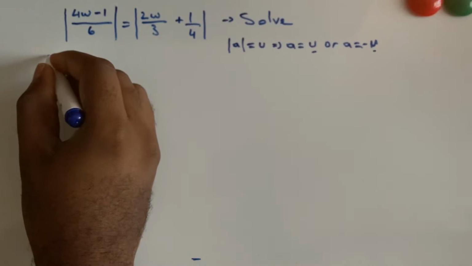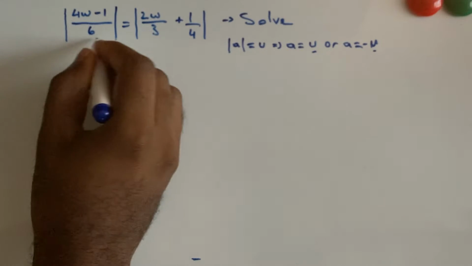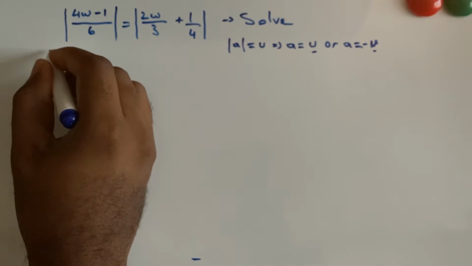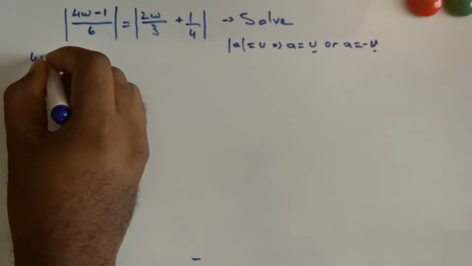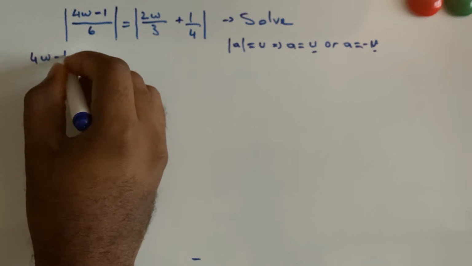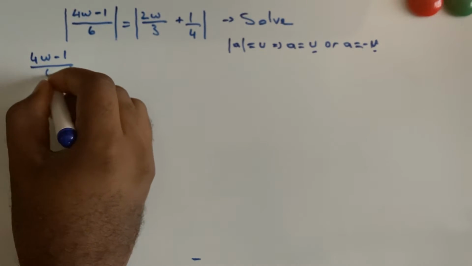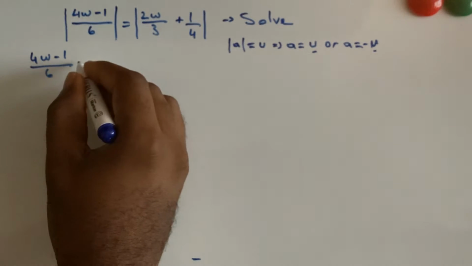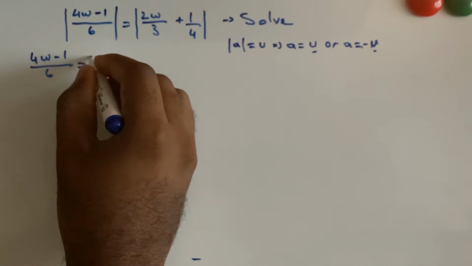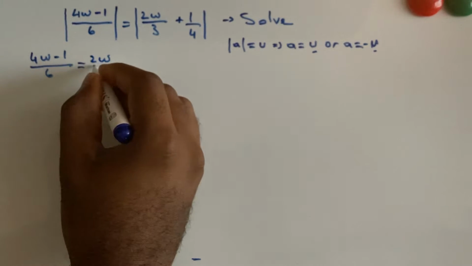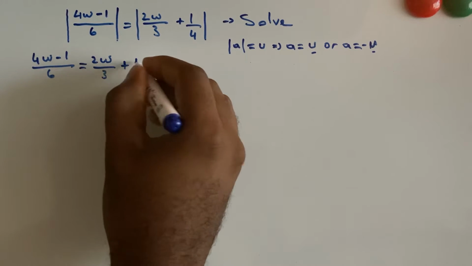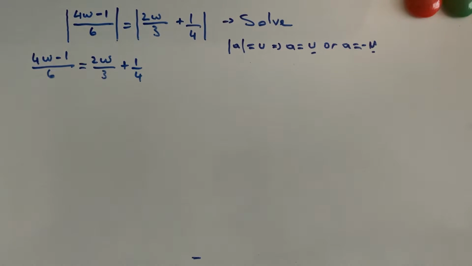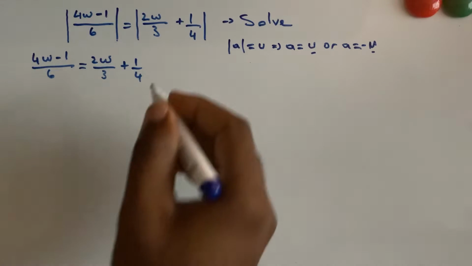I'll put what's between the absolute value symbol here. I'm gonna put 4w minus 1 over 6 equals 2w over 3 plus 1 over 4. Okay, this is one thing.